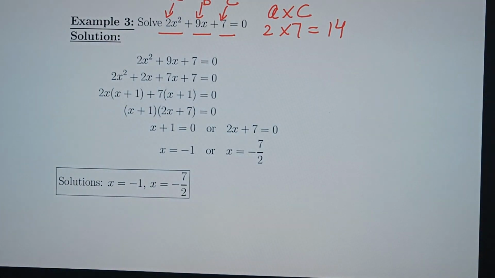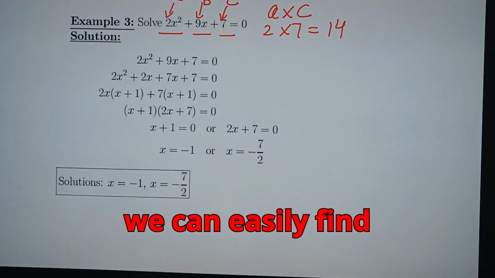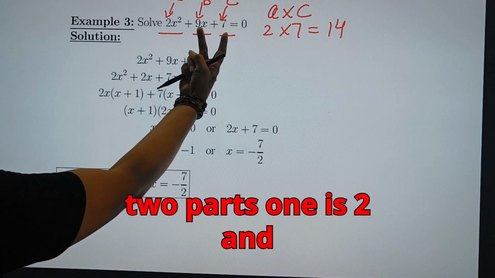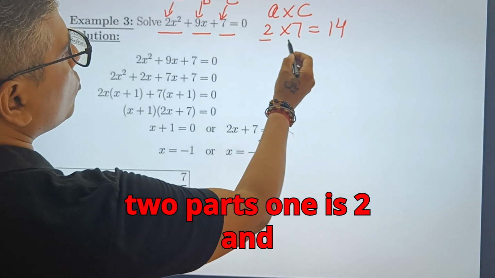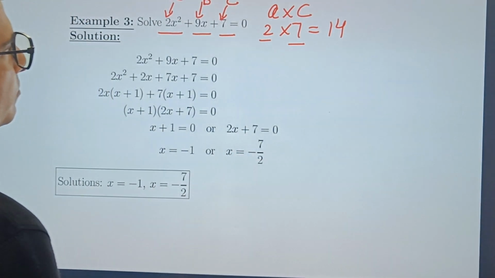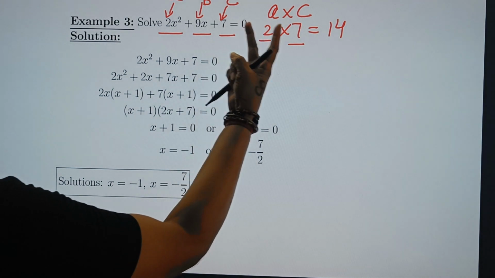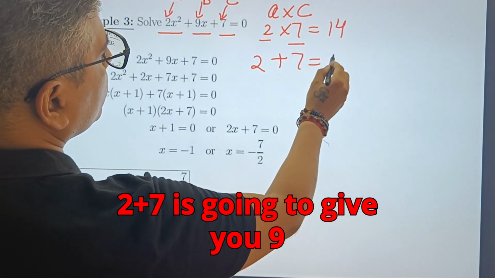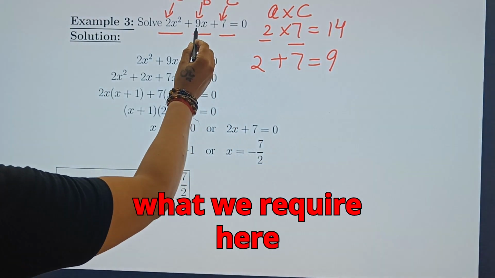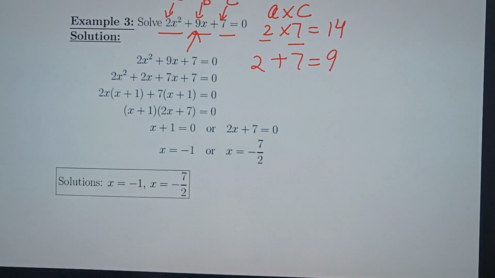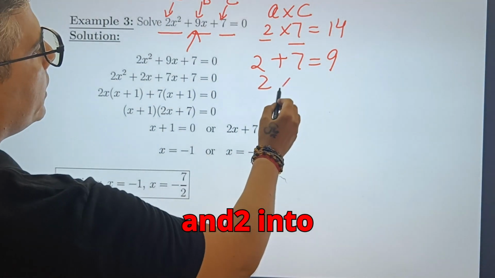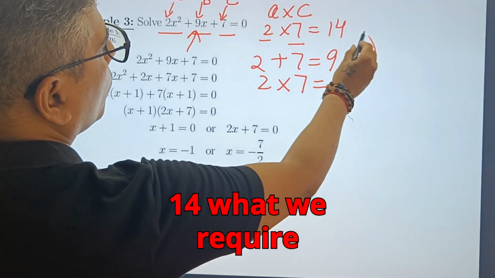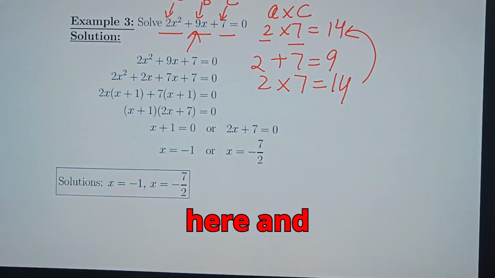Now here we can easily split this middle term into two parts. One is 2 and another is 7, because 2 plus 7 gives you 9, what we require here, and 2 into 7 is equal to 14, what we require here.